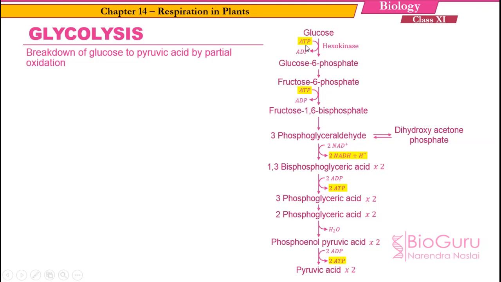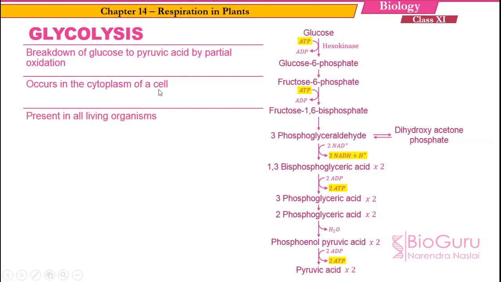So this is the partial oxidation of glucose to pyruvic acid, and this reaction is called what? Glycolysis. This glycolysis takes place in the cytoplasm of the cell. A question may come like, where does this glycolysis reaction take place inside the cell? This particular reaction, glycolysis, takes place in the cytoplasm of the cell.